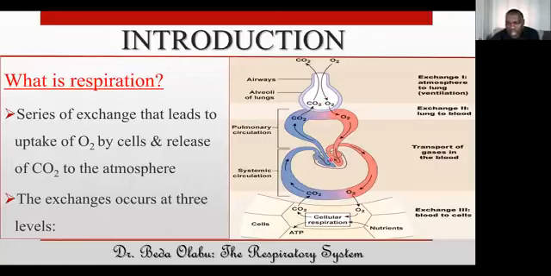The third level of exchange is between blood and the tissue. The exchange between blood and the tissues is in such a way that oxygen comes from the systemic vessels to the cells, and carbon dioxide comes from the cells to the bloodstream, so that we dispose of oxygen to the tissues, but we load carbon dioxide to the bloodstream.